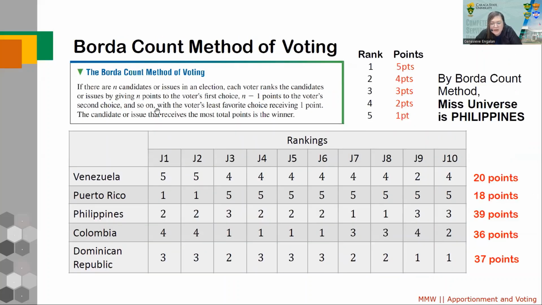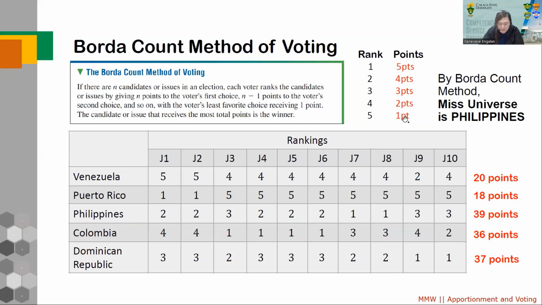So atong gitawag nga Borda count method of voting. So ang rank 1 kay 5 points, rank 2 kay 4 points, rank 3 kay 3 points, rank 4 kay 2 points, and rank 5 kay 1 point.